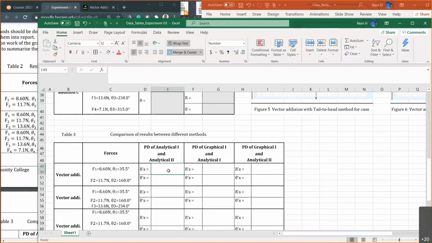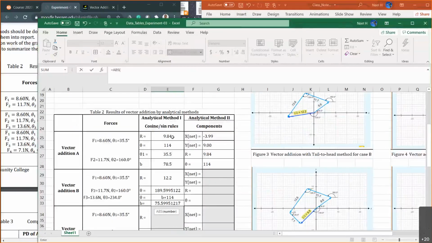If you want to do analytical 1 and 2 here: equal sign, ABS, parentheses, difference between analytical 1 and 2, analytical 1 minus analytical 2. Don't type the number. Just click on that cell, close brackets, divide by, since it's percentage difference, the average.